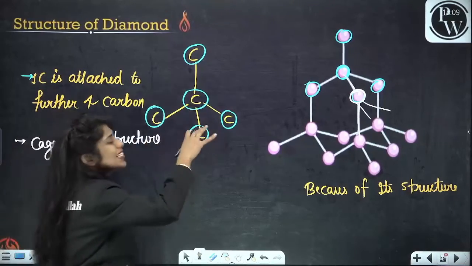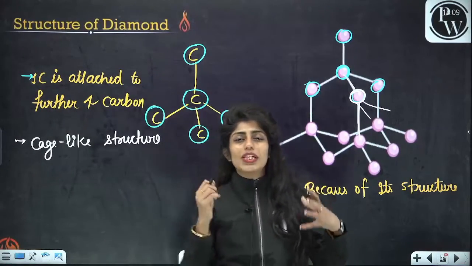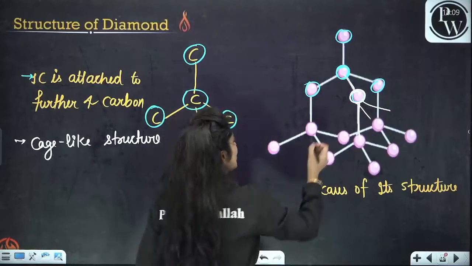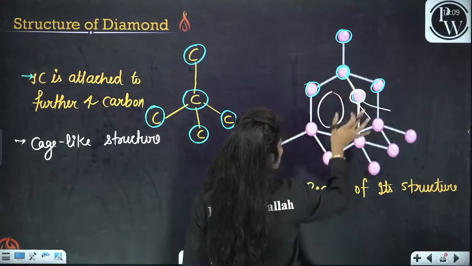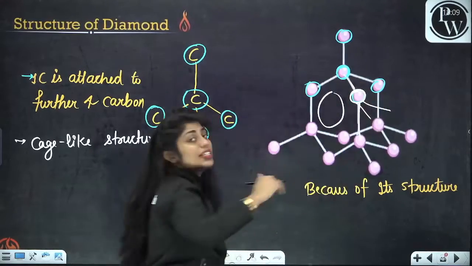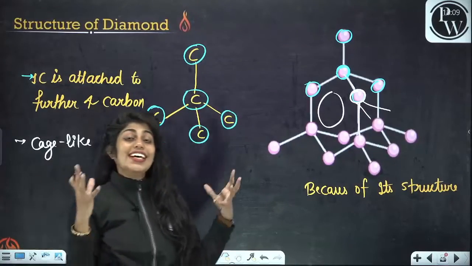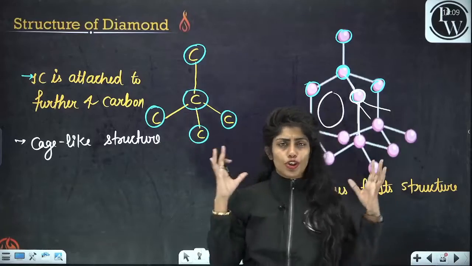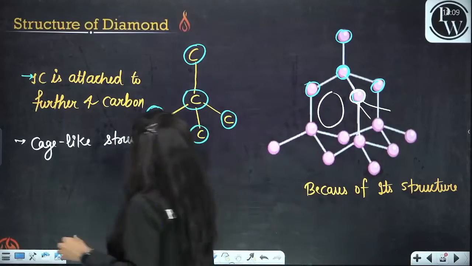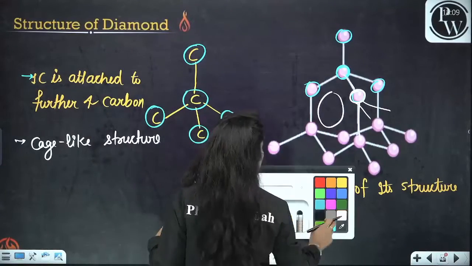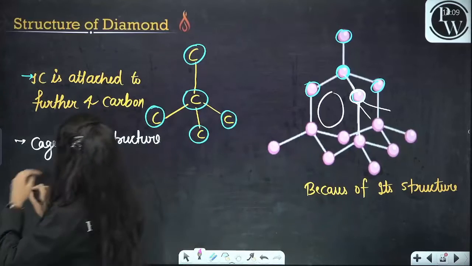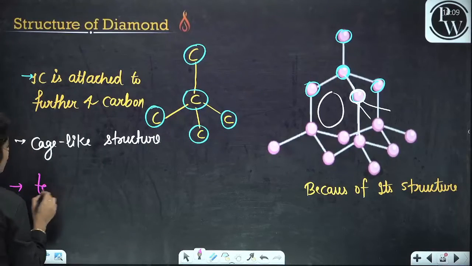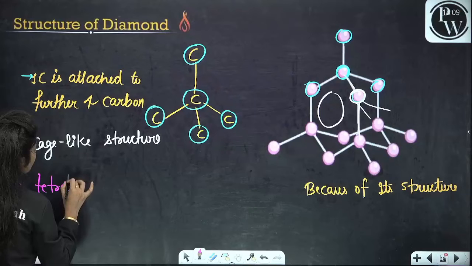That means there will be some hollow sites, or you can say there will be some cavities. Here you can see this is the cavity, the hollow space. Again, on every side the carbon is arranged in such a manner that it forms a huge, giant cage-like structure. You can say it is forming a tetrahedron fashion.